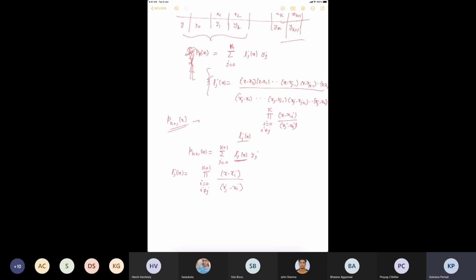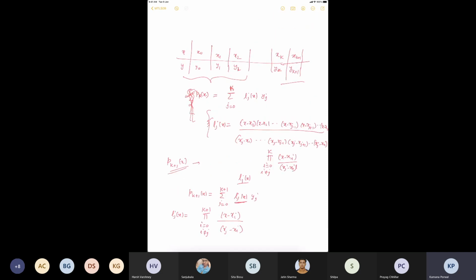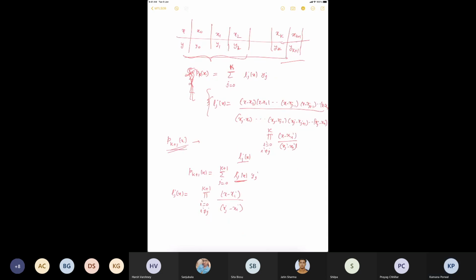So this is one drawback of Lagrange interpolation: if you already know an interpolating polynomial and want to find an interpolating polynomial of one higher degree, you cannot really use the polynomial of lower degree to compute the one of degree one higher. So we'll try to find another form of these interpolating polynomials where we can exploit the fact that if I know pk of x, then I can use this information to compute pk plus 1 of x. We will see this in the next lecture. So we stop here.